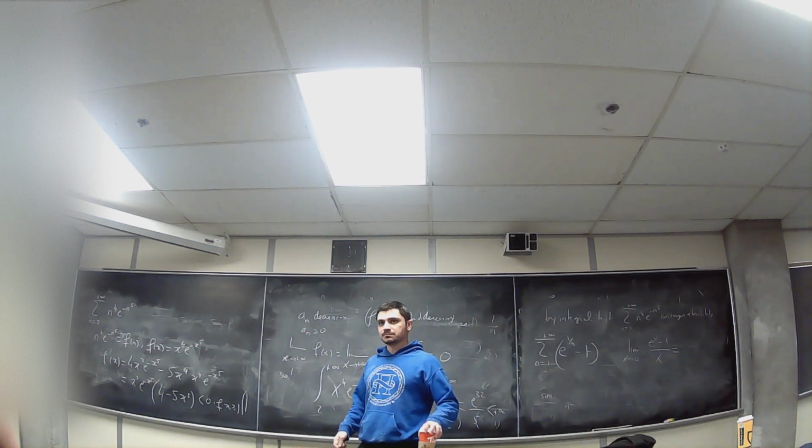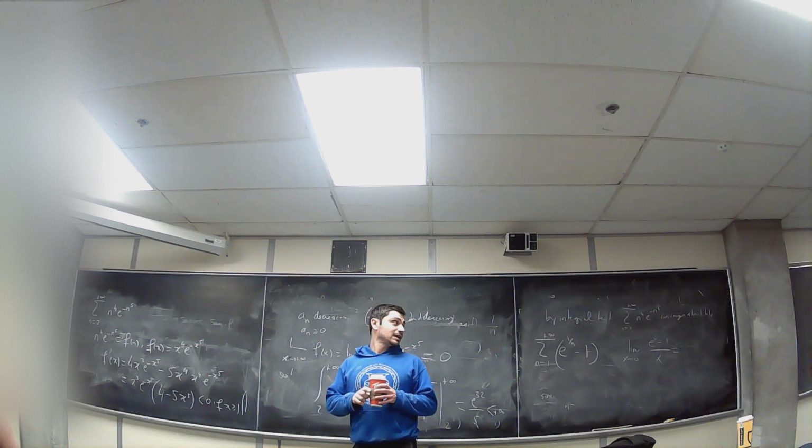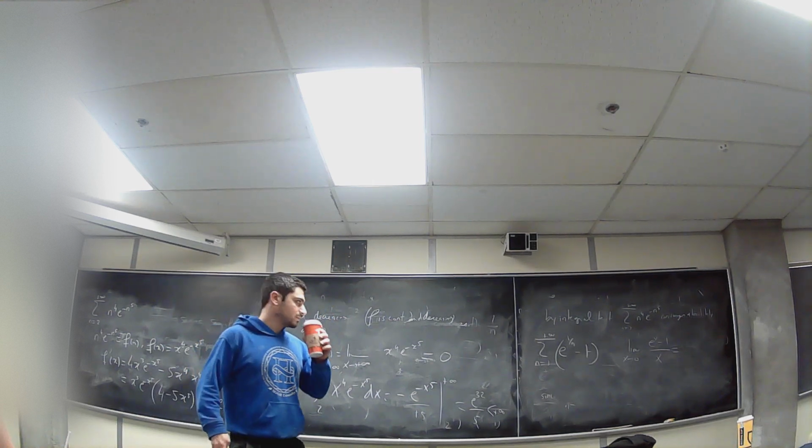E to the x minus e to the 0 over x minus 0. What is this limit? Or just L'Hopital it. You get 0 over 0. L'Hopital it, what do you get? 1. So what's a good thing to compare with?